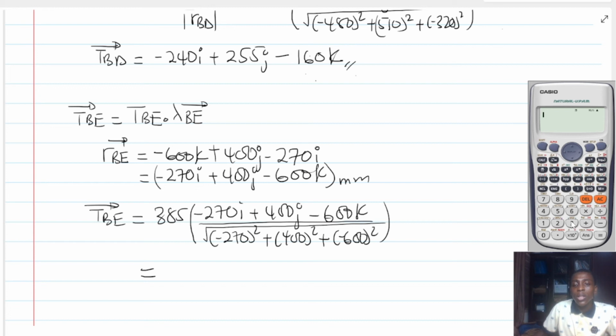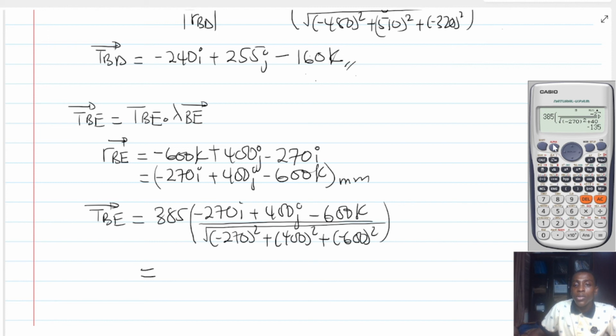So let's do it quickly. 385 and then minus 270, all right, divided by minus 270 squared plus 400 squared plus minus 600 squared. Is that right?